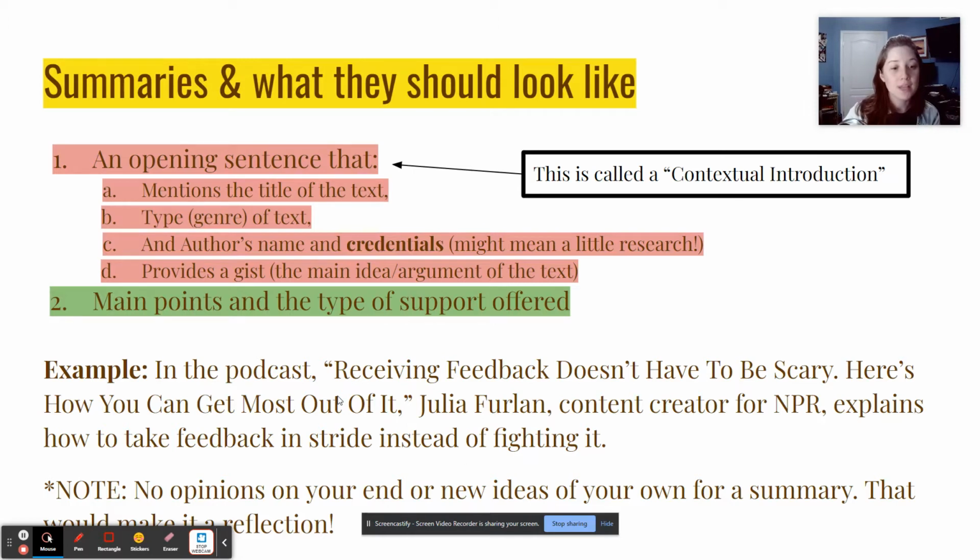So my example was, in the podcast, receiving feedback doesn't have to be scary, Julia Furlan, content creator for NPR, explains how to take feedback in stride instead of fighting it. So if I were to do this for Christine Baccio, I would do Nostalgia, a Mental Time Machine.